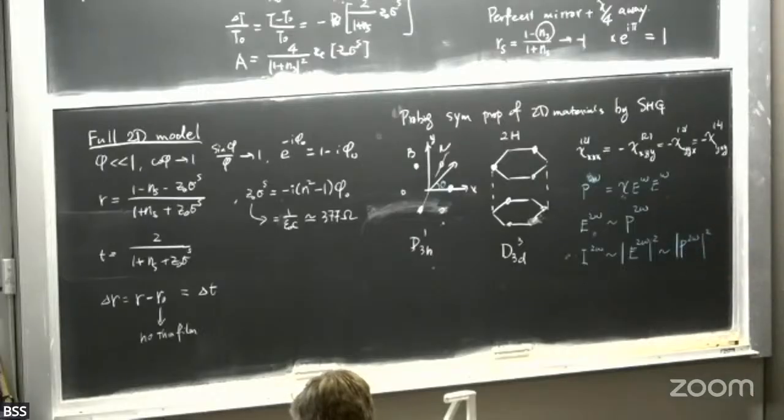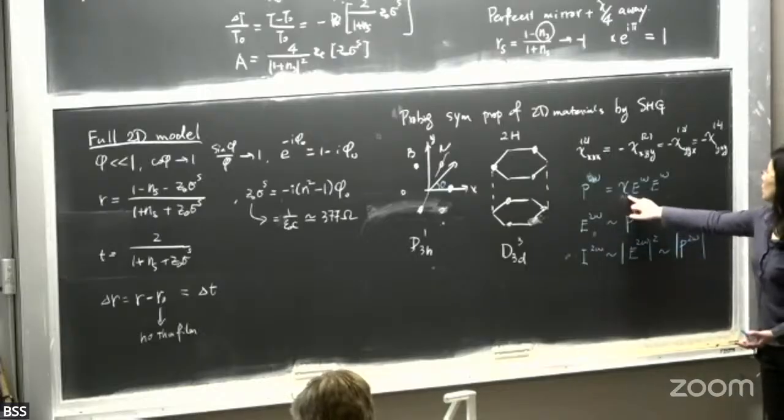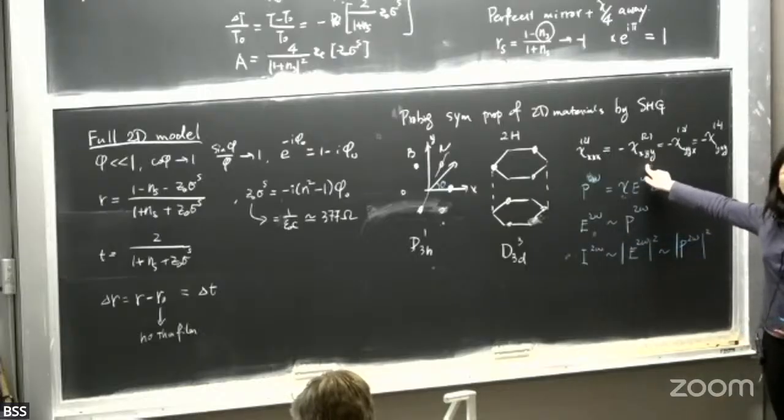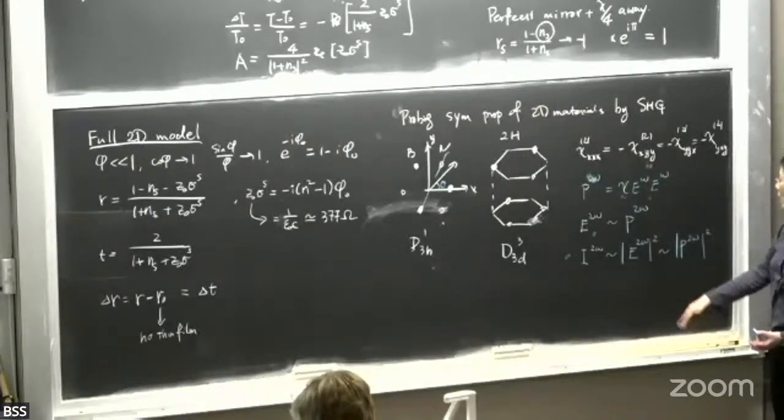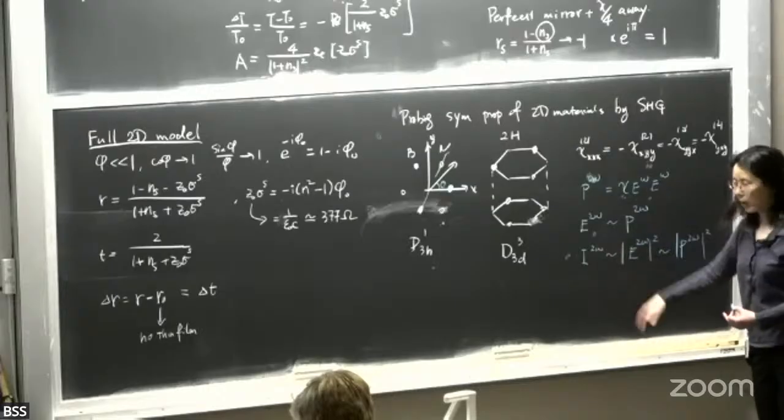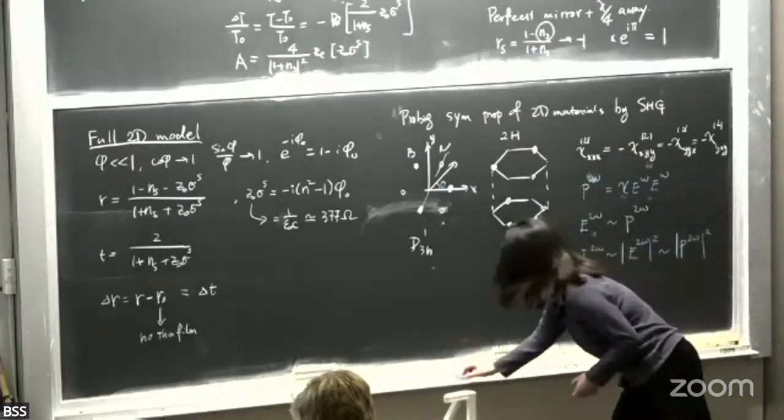I don't want to spend too much time on this. I want to talk about something more interesting. The exercise is clear: you take the non-zero chi2 and put in the right field components, and then carry it out. Let me just tell you the result.